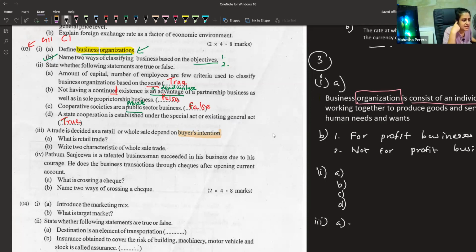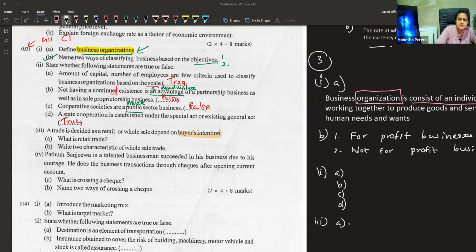Then they ask, write two characteristics of wholesale trade. For the characteristics of wholesale, you can write the definition itself as one characteristic.